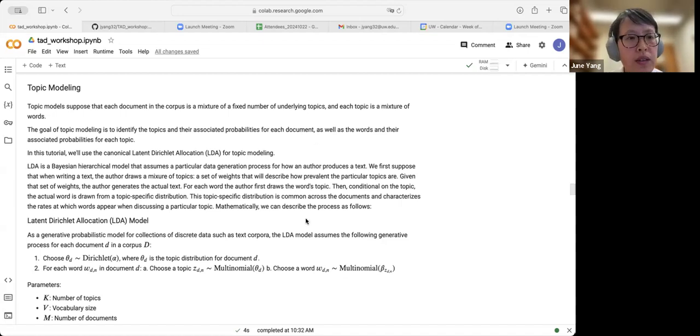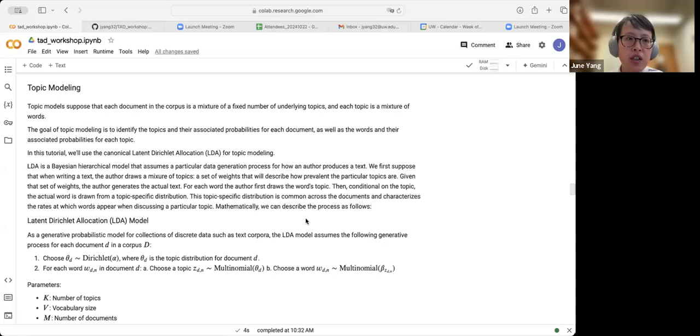So we will go into details to look at this canonical form of latent Dirichlet allocation for topic modeling. This is, I would say, the most classical model that most people working with text will try to understand as their first step of understanding text as data.